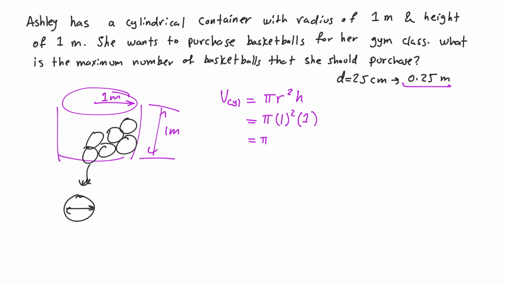So if the diameter is 0.25, that means the radius is equal to diameter divided by 2. And once I do that, I should get 0.125 meters as the radius.